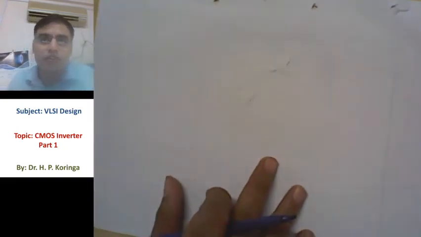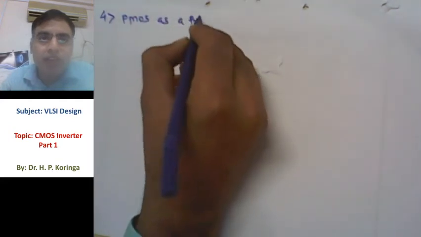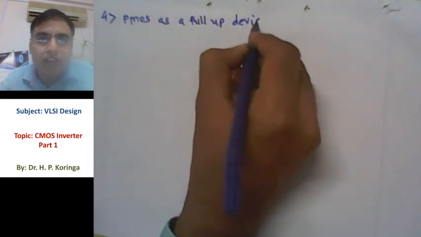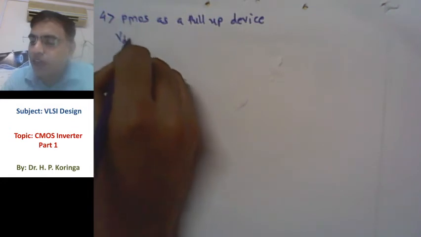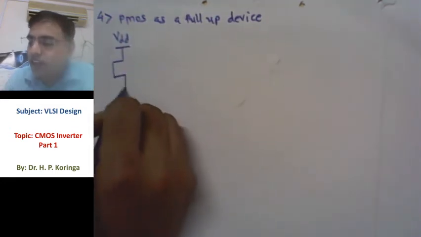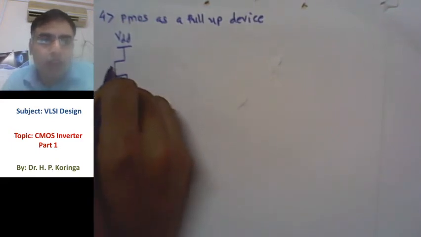Now let's see our fourth topology. It is a PMOS as a pull-up device in an inverter. So VDD here, and the pull-up device is a PMOS. For the PMOSFET three terminal symbol, another symbol of PMOSFET has a bubble.